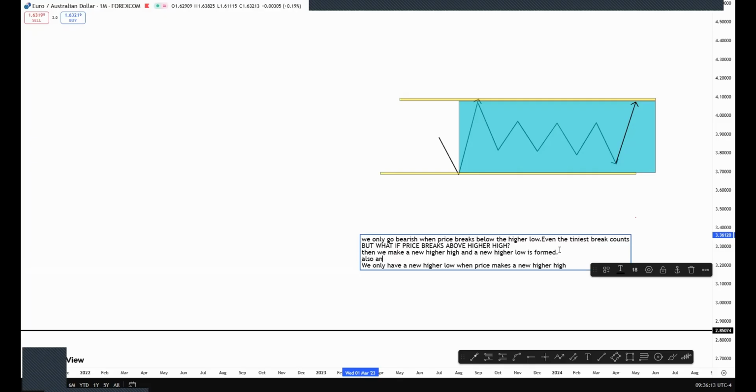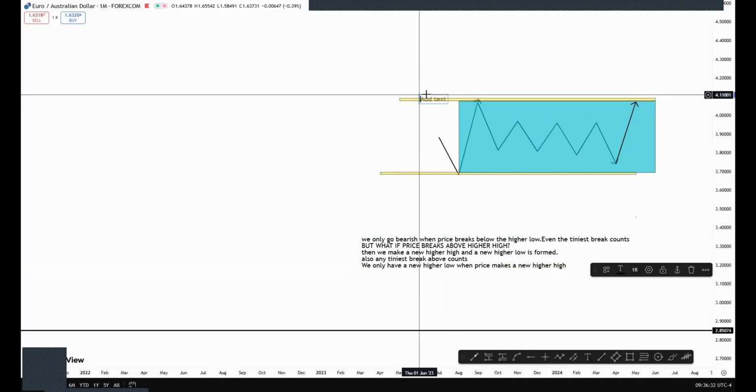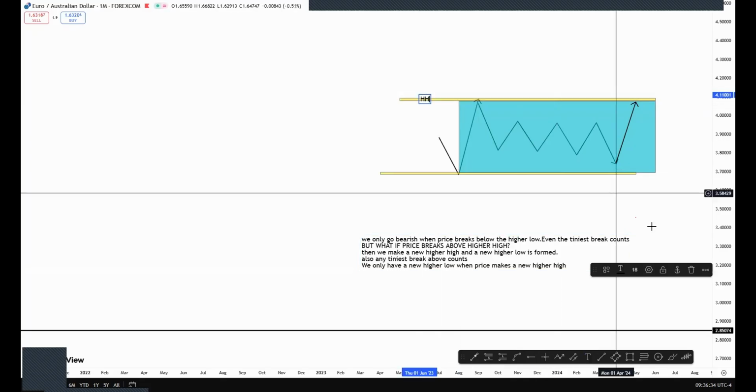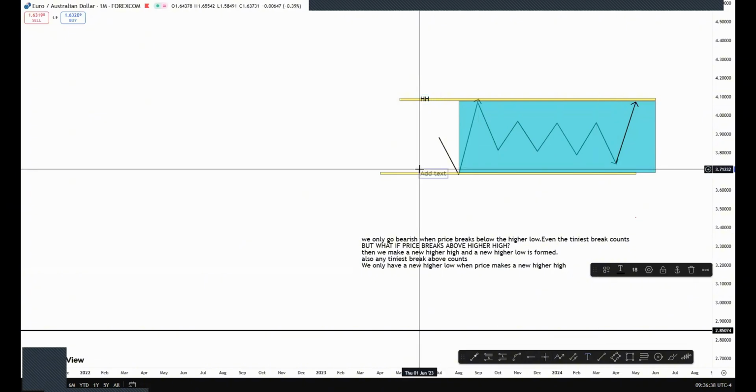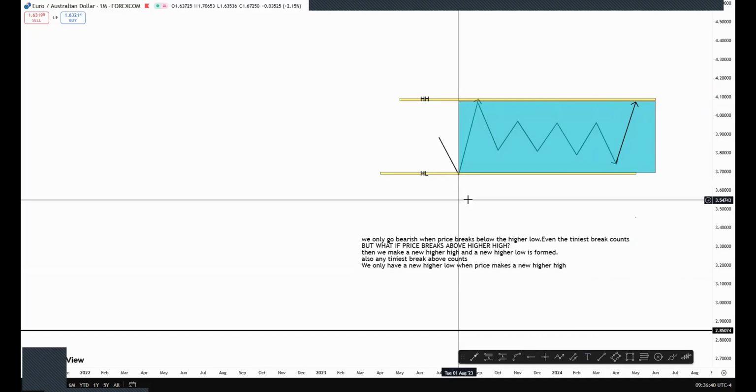Also, any tiniest break above counts. It's the same thing. Even if it's just a tiny break, just right above this higher high, it will count as a shift. So this is our higher high right now, and this is our higher low right now. Okay.